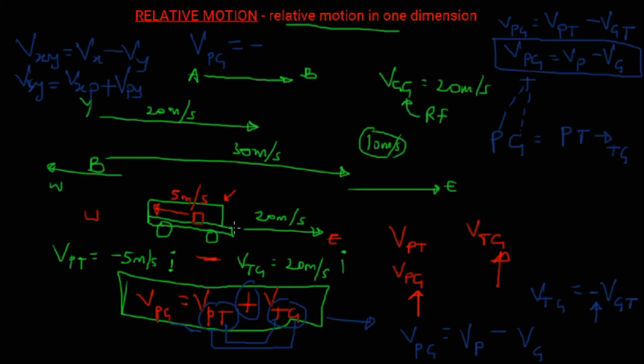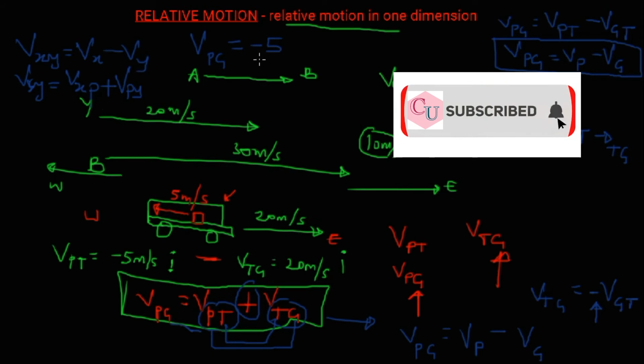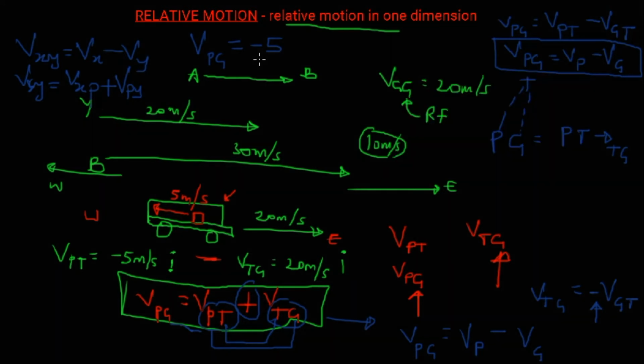So with respect to the train, the person is moving in a negative direction, opposite to the train. If the passenger had moved forward, it would be plus 5. But the passenger didn't move forward, he moved backward. So that's why we have negative 5.